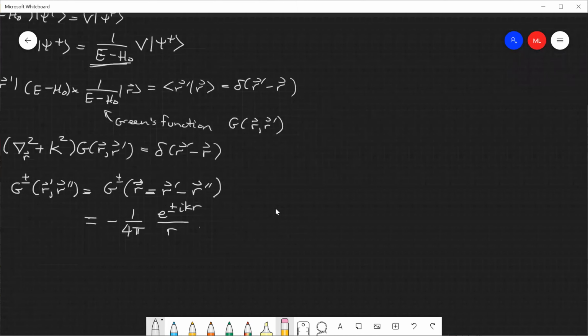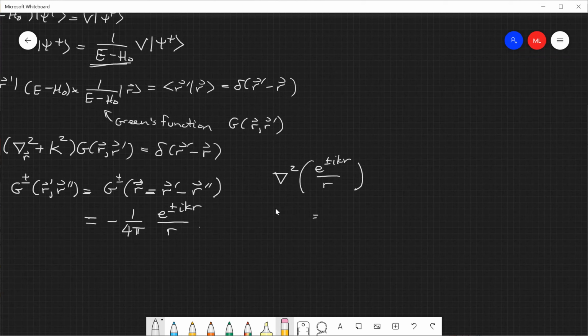What you can do is check the Laplacian and act with it on one of these spherical waves, plus or minus i k R over R. You have to do a trick to do this properly: you have to add and subtract 1 over R, because, if you remember from undergrad E&M, the Laplacian of 1 over R is minus 4 pi times the delta function.